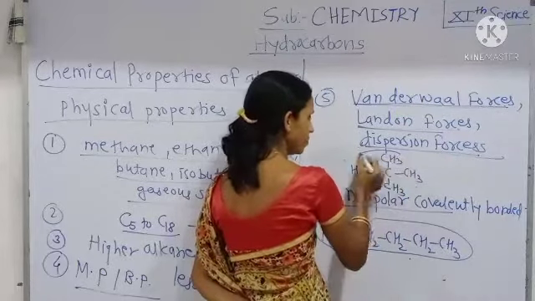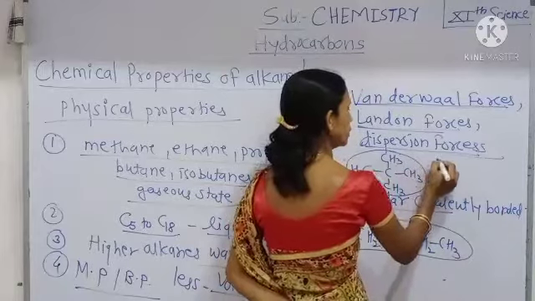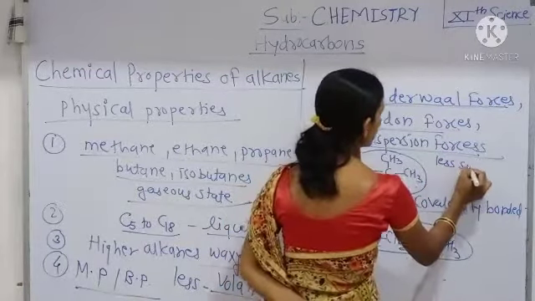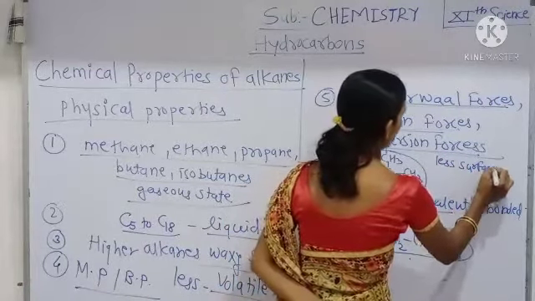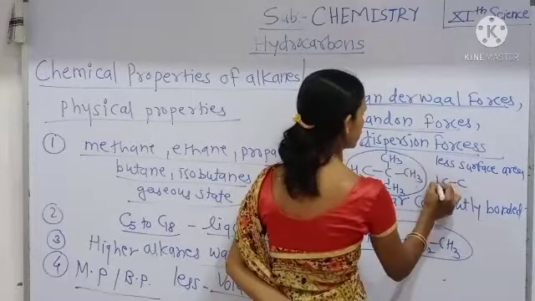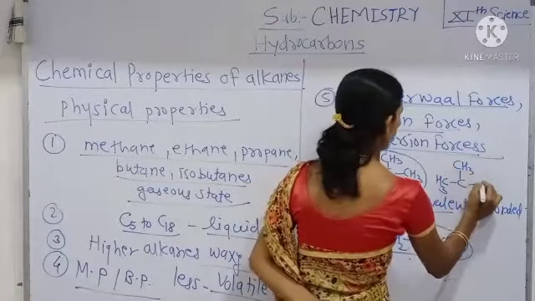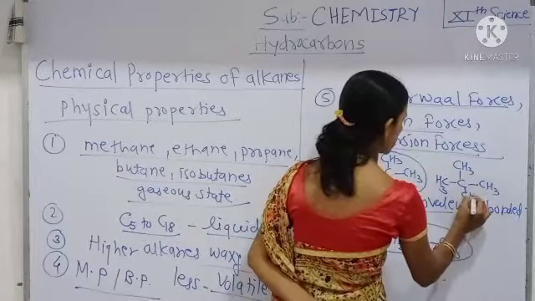The branched chain alkane has a smaller surface area, therefore it possesses weak van der Waals forces.